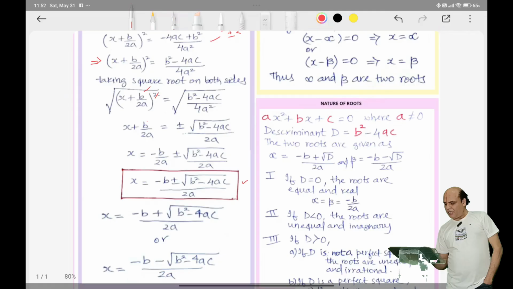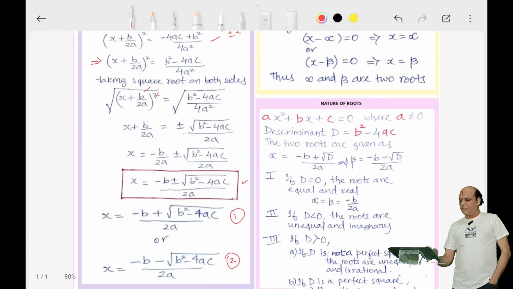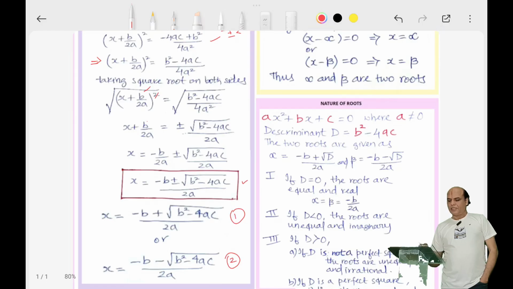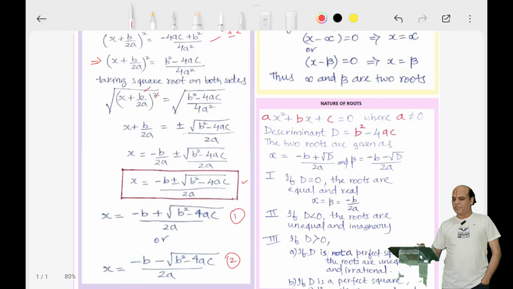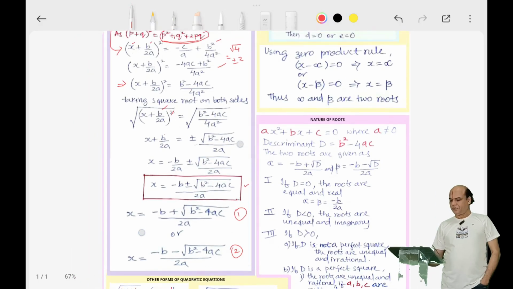If you take plus, this would be one root, and if you take minus, this would be another root. So you arrived at two roots. This is the proof of the roots of a quadratic equation, or you can say the derivation of the roots of a quadratic equation. This derivation you must understand. Clear?